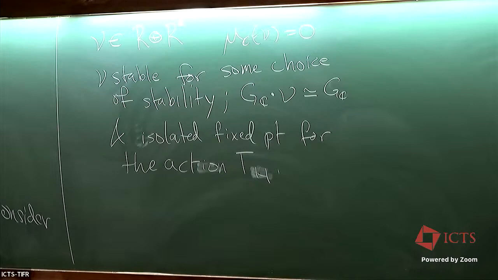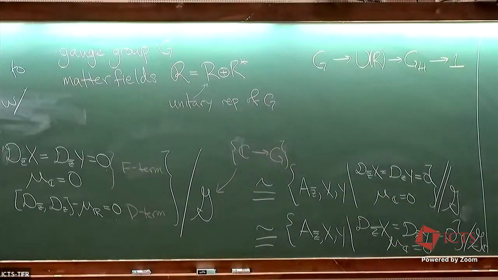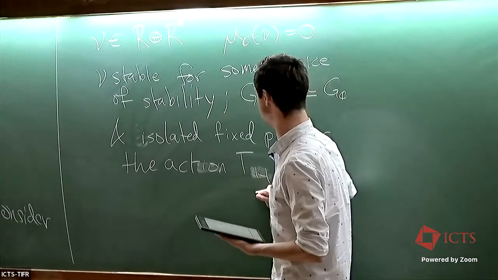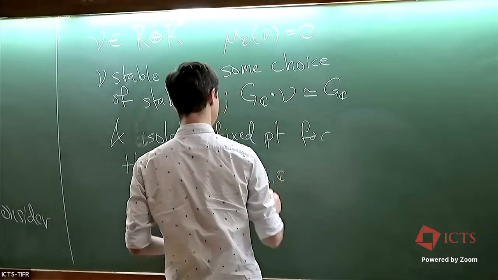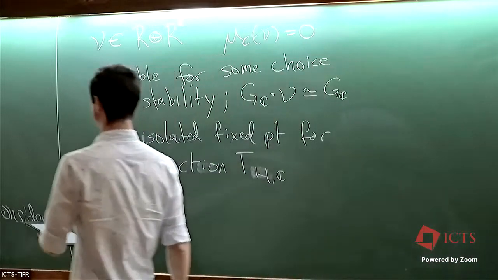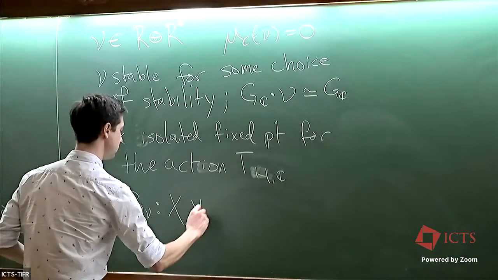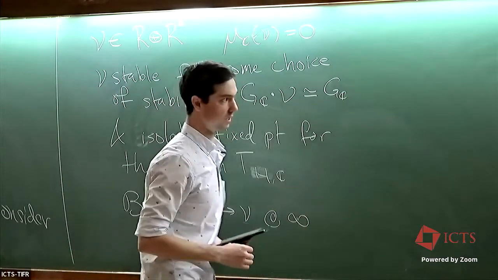R is a unitary representation of G. And the Higgs branch flavor symmetry was the quotient of unitary transformations of R that are sort of independent of G. And I need this point nu to be a fixed point with respect to the torus, or some preferred torus of that Higgs branch flavor symmetry. And this massive vacuum boundary condition will say that our sections X and Y go to nu at infinity on the complex plane.